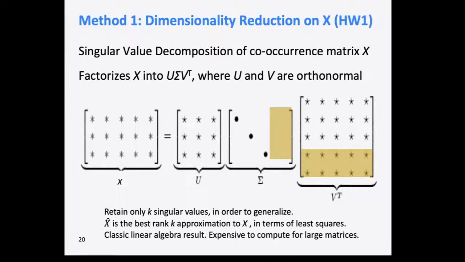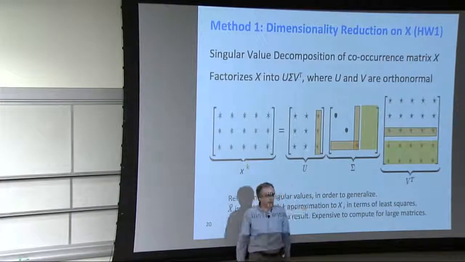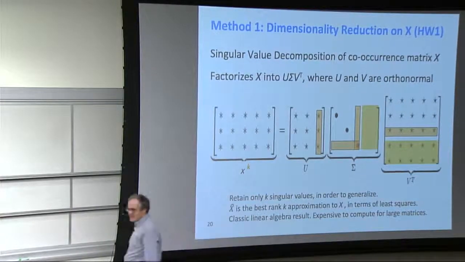And then if you want to reduce the dimensionality, what you do is throw away the smallest singular values, which, remember, are in decreasing size. That means you're effectively throwing away rows and columns of these other matrices. And then, behold, I've now reduced these things to a two-dimensional representation from the original three-dimensional representation.